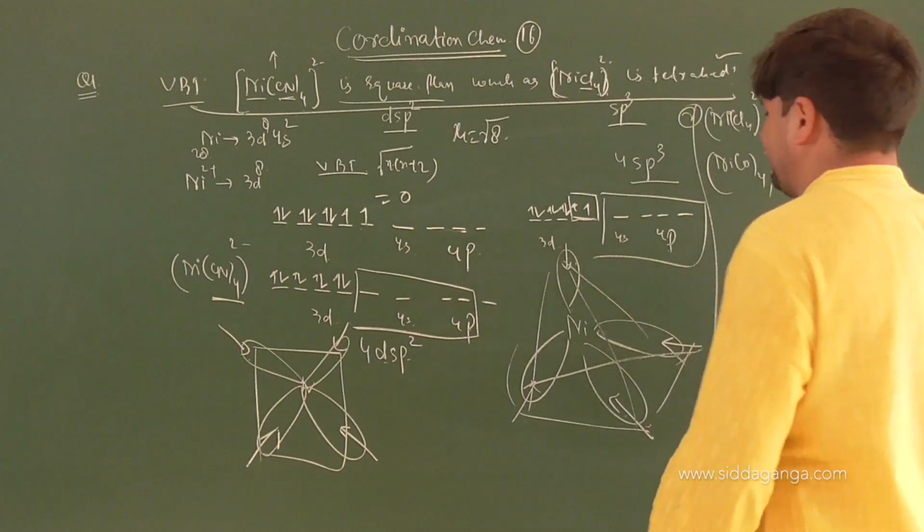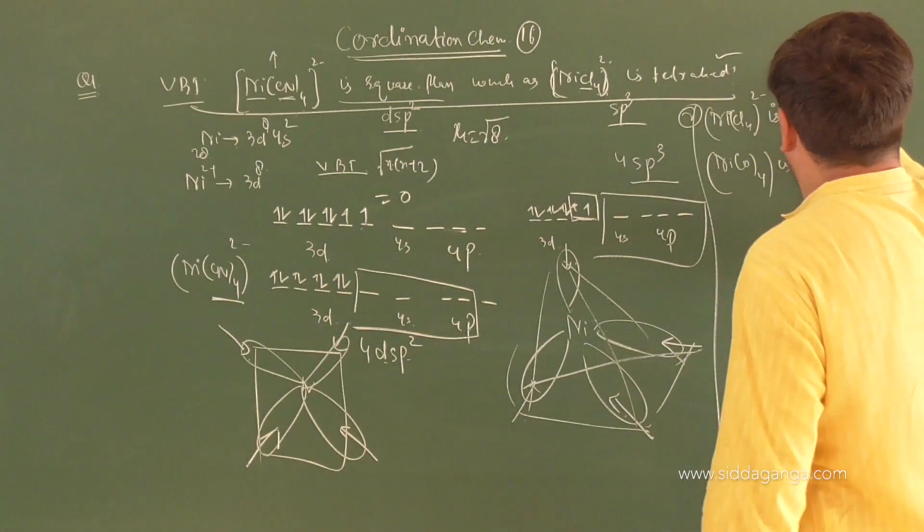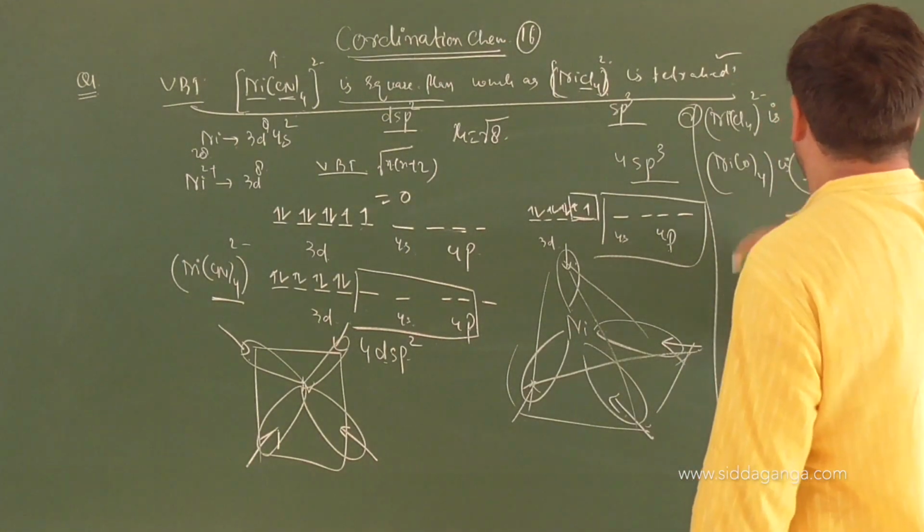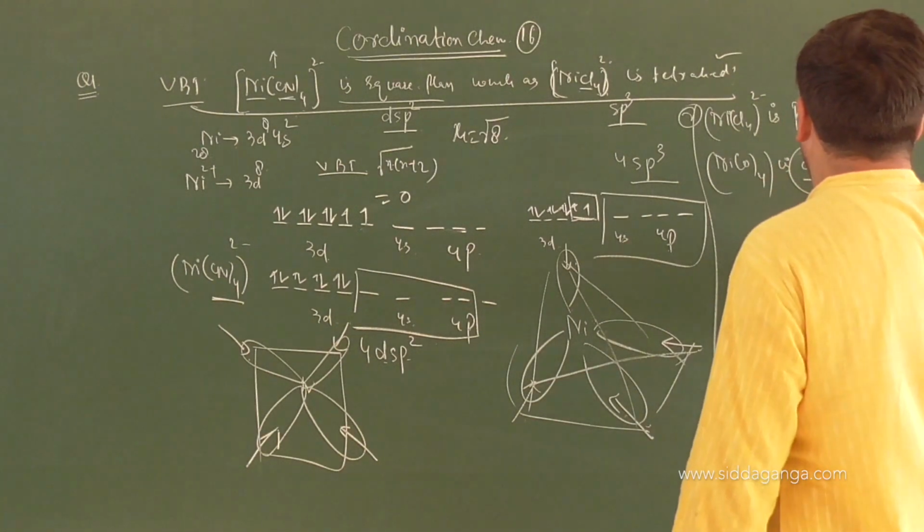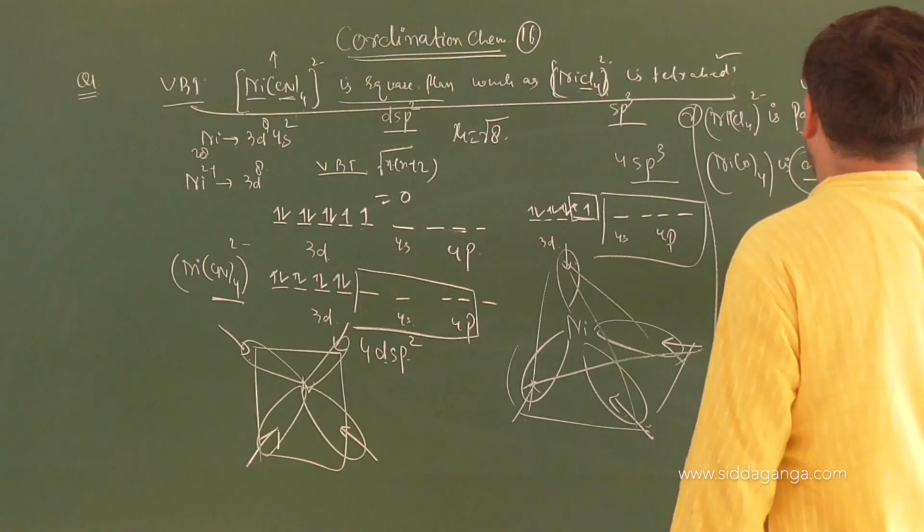So we know paramagnetic and diamagnetic substances. With unpaired electrons, it is paramagnetic. Diamagnetic will be repelled by the magnetic field, so there are no unpaired electrons.